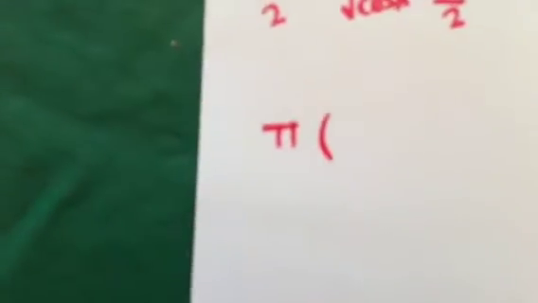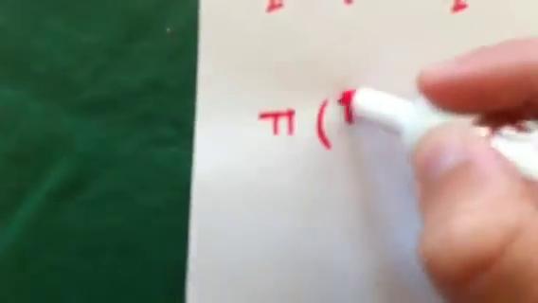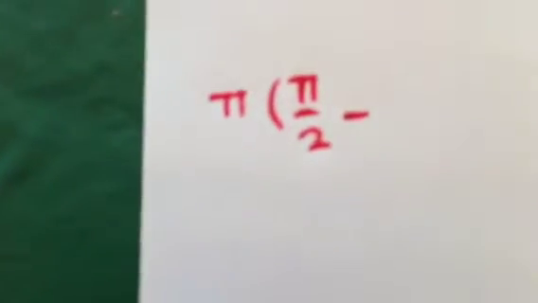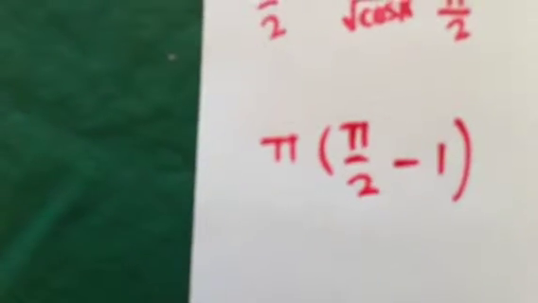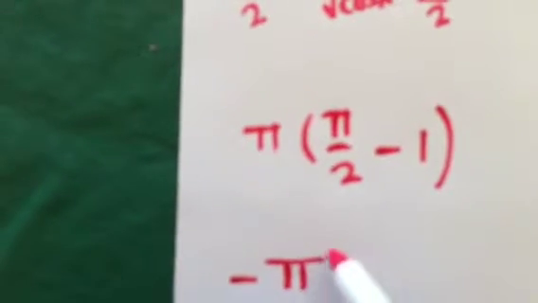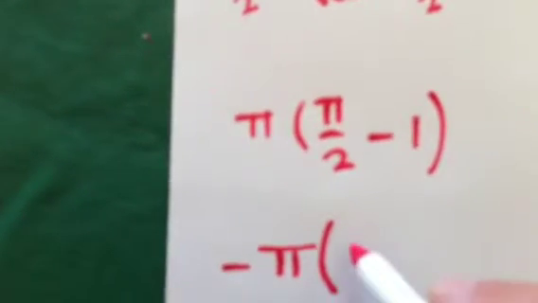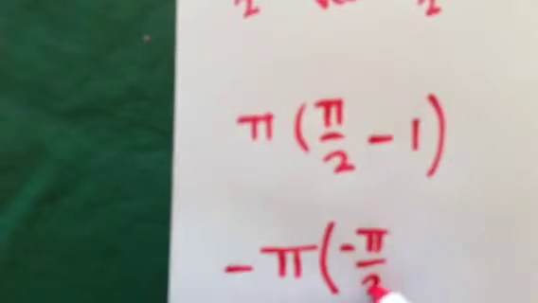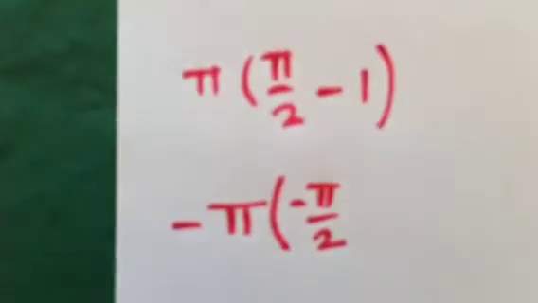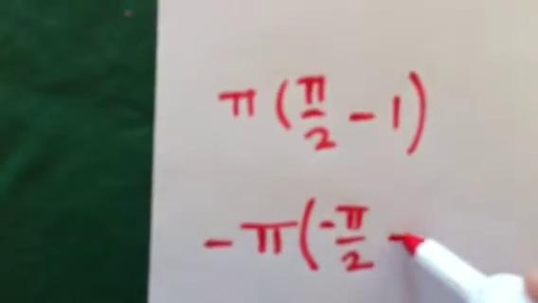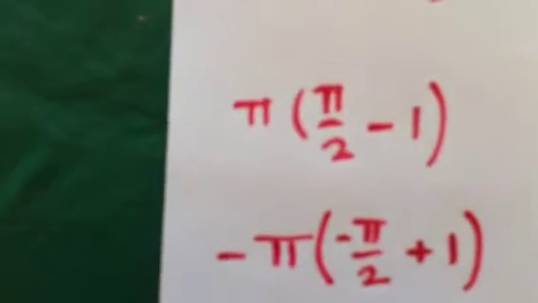Pi times x, which is pi over 2, minus the sine of pi over 2, which is 1. That's our first term. Then we have to say minus pi. X is negative pi over 2. Sine of negative pi over 2 is negative 1. So we're going to add 1.